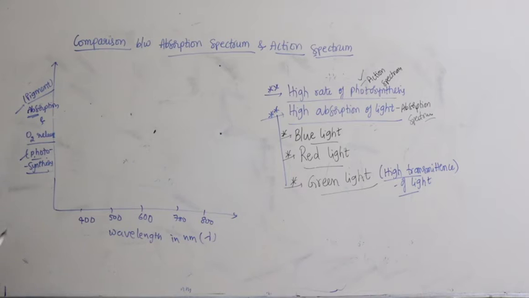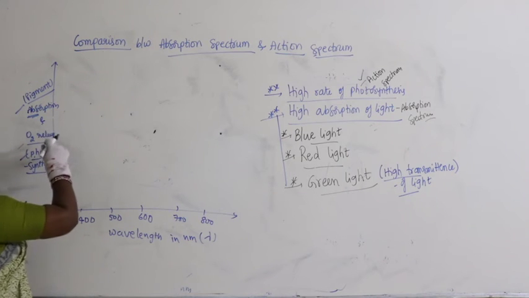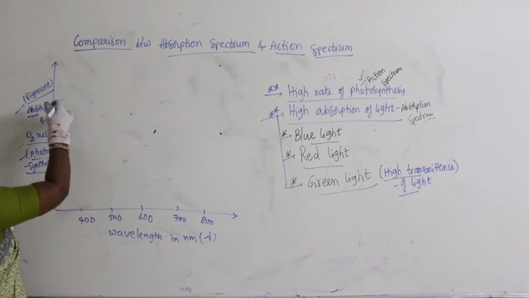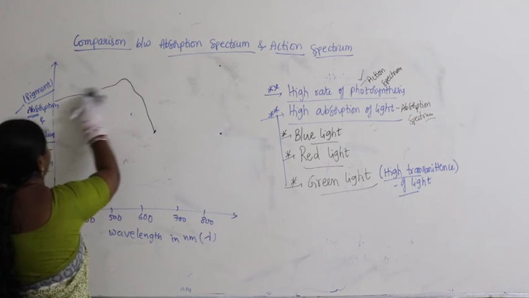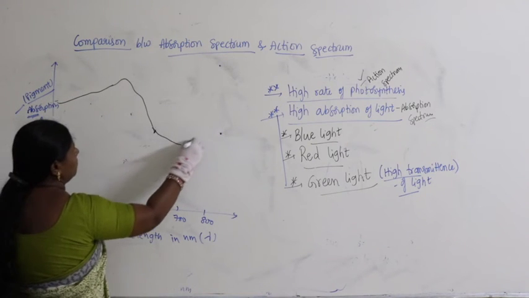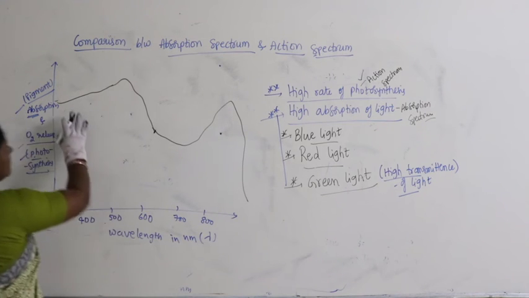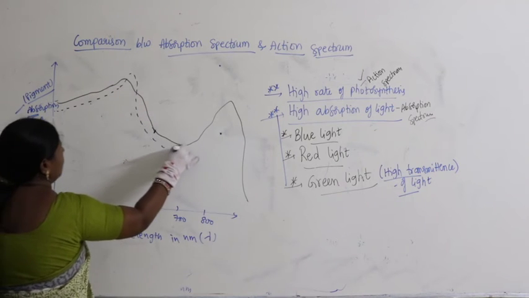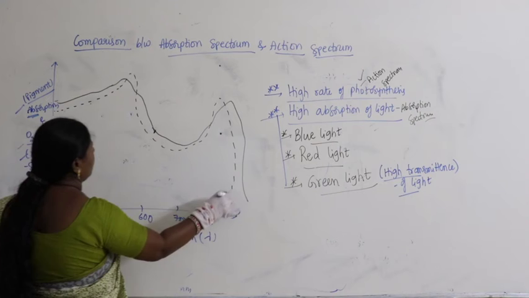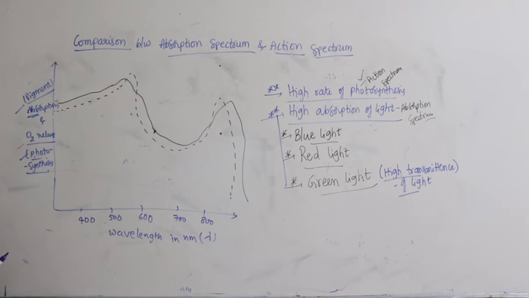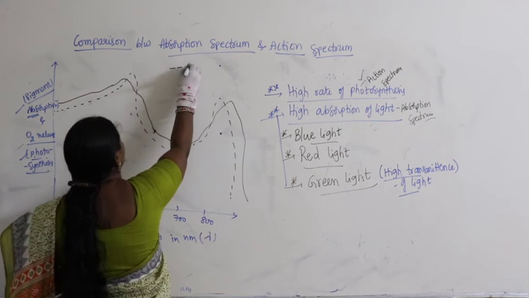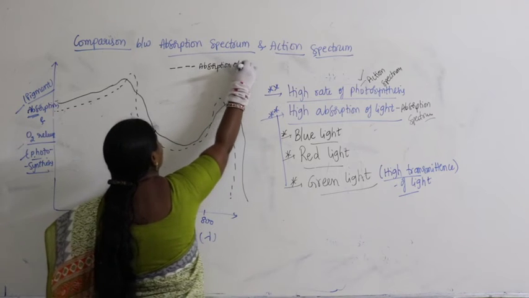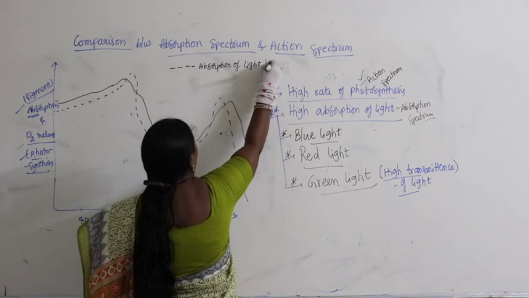When you talk about first action, or you take absorption, better you can write. It is like this. Action spectrum I will draw first. This is the action spectrum, and the absorption spectrum is also somewhat like this. So this dotted line is the absorption of light by pigments.